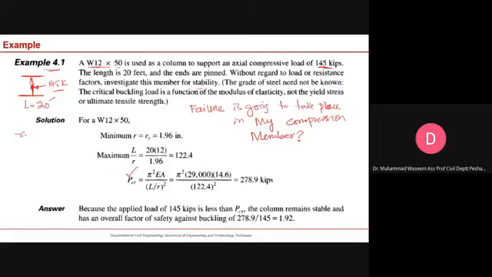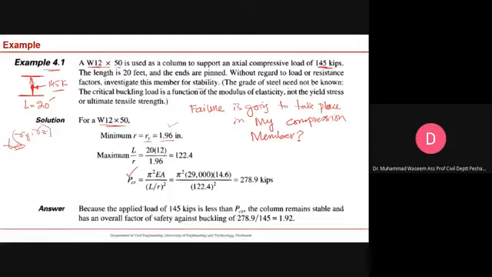As we discussed, there will be two values of this radius of gyration, and you have to select the minimum value out of these two values. If you go to your manual, chapter number 1, you will find that for this wide flange section, the r value is 1.96 inches.